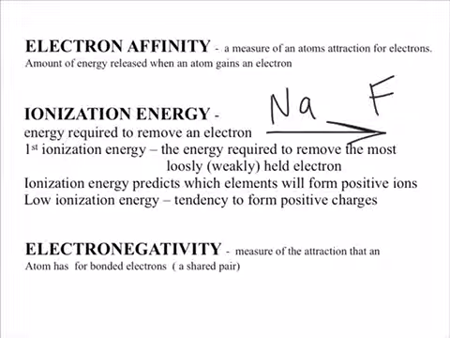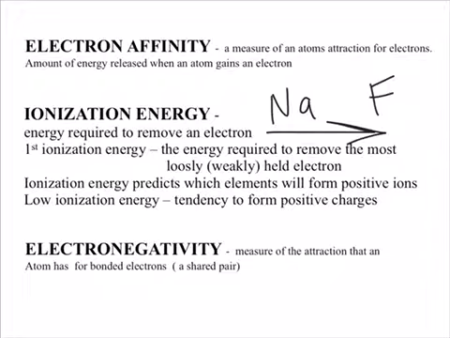Electronegativity is, in a lot of ways, something very similar to electron affinity, but it's different in that it's really referring to a different kind of chemical bonding. As you learn about chemical bonding, you'll understand this part a little better. It's the measure of an attraction that an atom has for a bonded or shared pair of electrons.